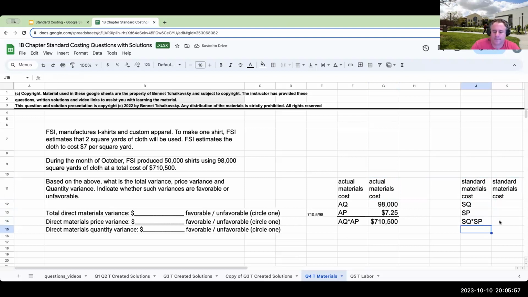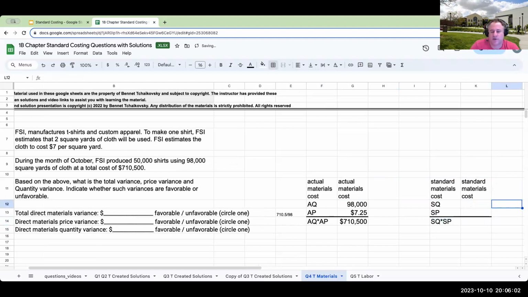So right over here, our standard materials cost. We actually used 98,000. The question here is how much should we have used?